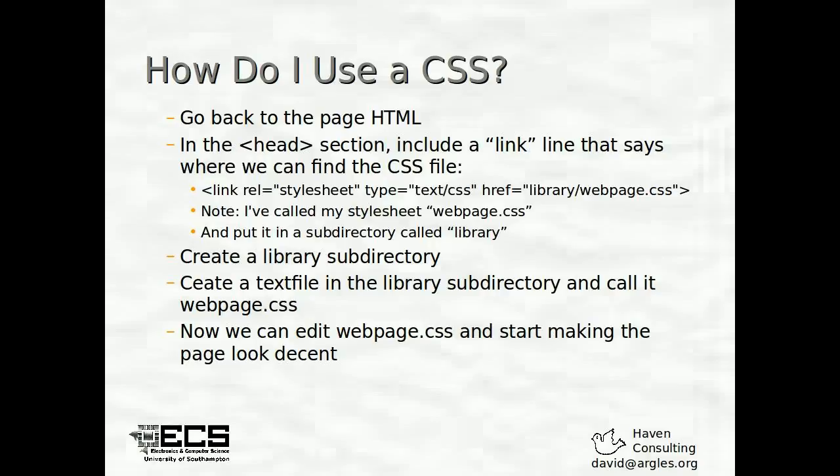We need to create a text file in the library subdirectory and call it webpage.css, which currently is blank. So if we use that and then start to look at our page, it's made no difference, of course, because there's no information in the CSS file. But we can now start editing the webpage.css and making the page look decent.